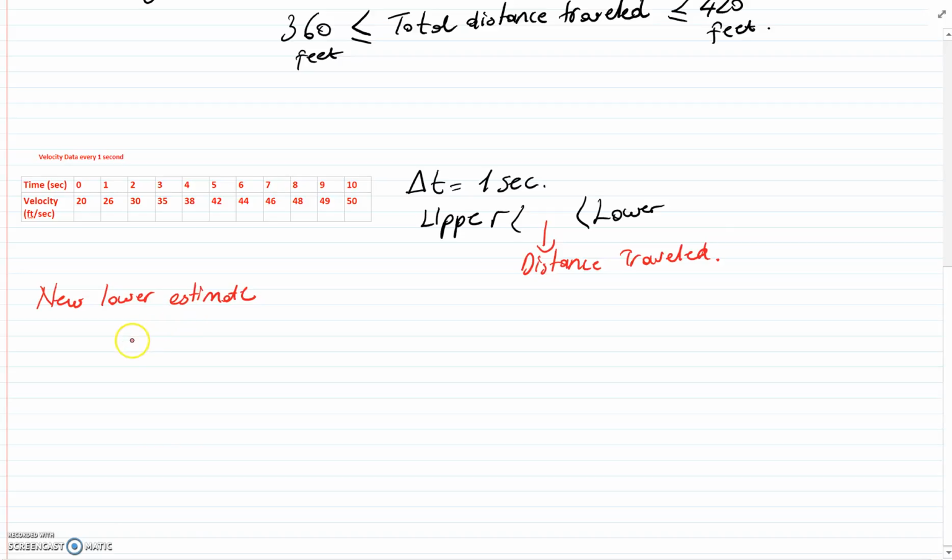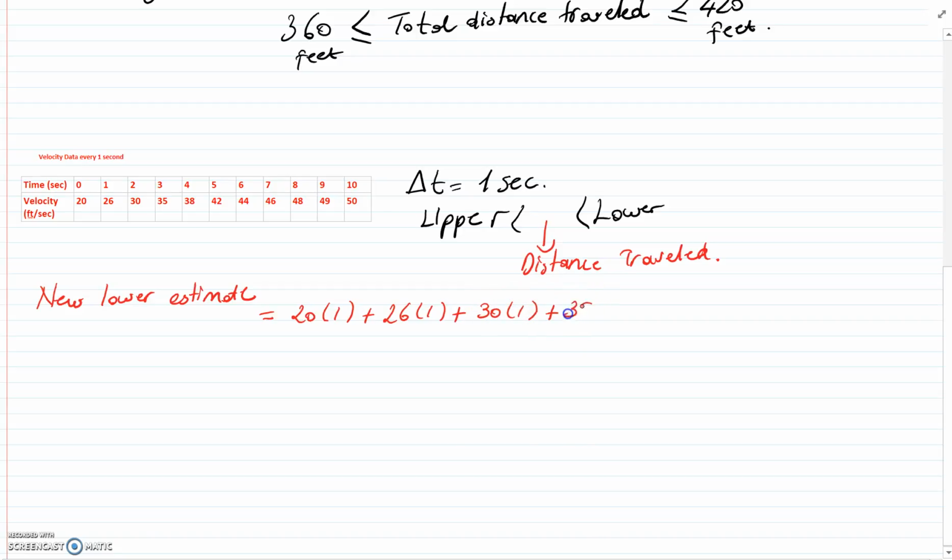So our new lower estimate will be 20 times 1, 26 times 1, sorry. Okay, 30 times 1.